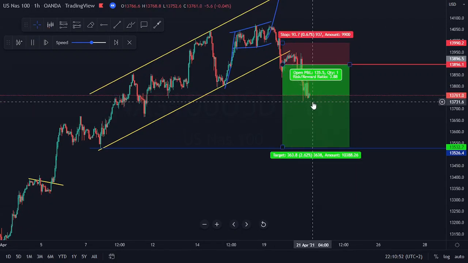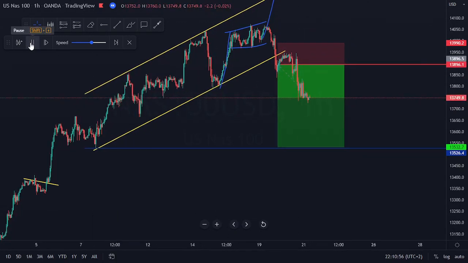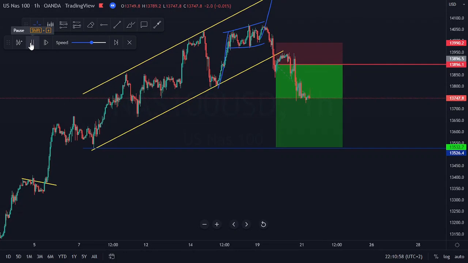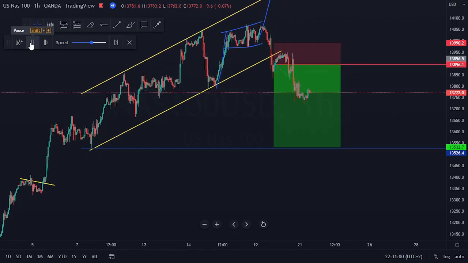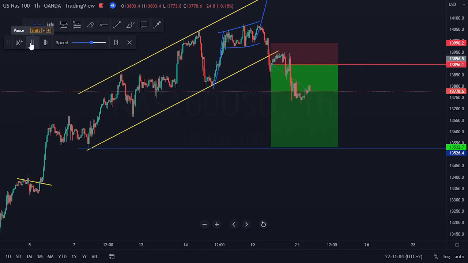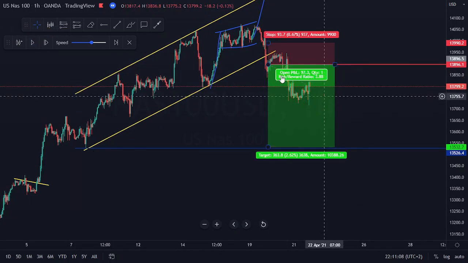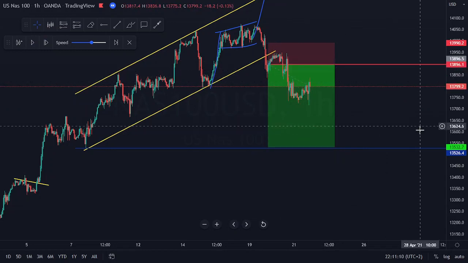We need to break this low here for me to say I change my stop loss area. Let's see. Didn't break it clearly, so we have to keep on holding. And we get an invalidation. The market is preparing to push.